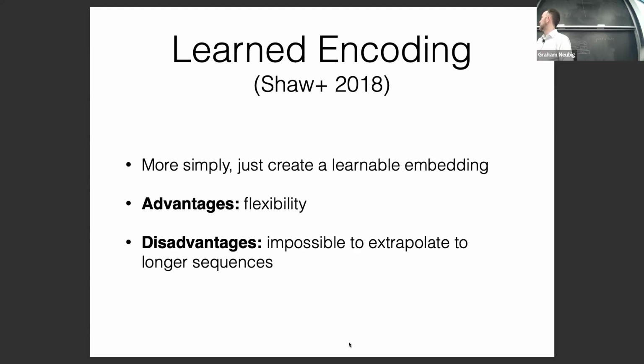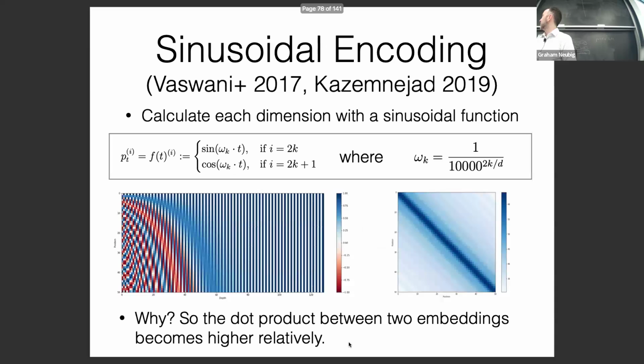That's the disadvantage of doing it this way. In contrast, with the sinusoidal version, you just make k larger and calculate this deterministic function, so you could theoretically extrapolate, but empirically models, even ones that use this sort of extrapolatable embedding, don't do super well at extrapolating to longer sequences.